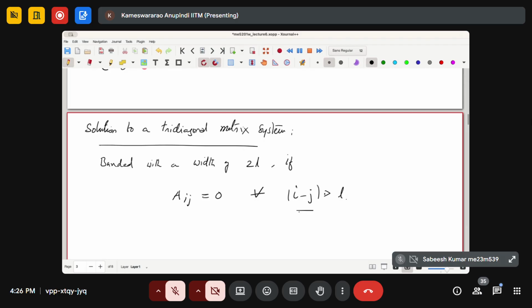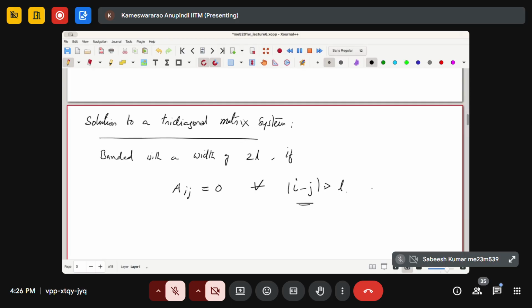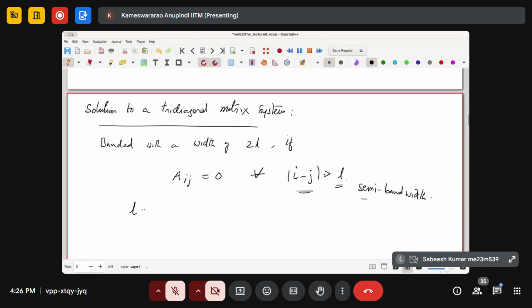then it is going to be called a banded matrix, where L is now the semi-bandwidth. Okay, this is basically half the bandwidth. So if you look at i and j, and take L equals 1, that means for any |i minus j| greater than 1, Aij is equal to 0.